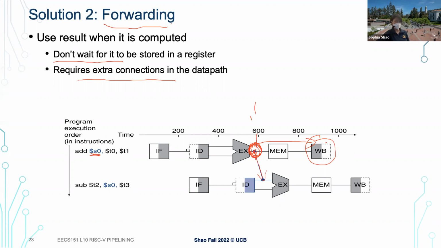So this is, in some sense, breaking the abstraction a little bit. In the abstraction, all the instructions communicate through registers. That is still the abstraction in your ISA, in your program, but under the hood, when hardware is processing it, hardware sees everything.